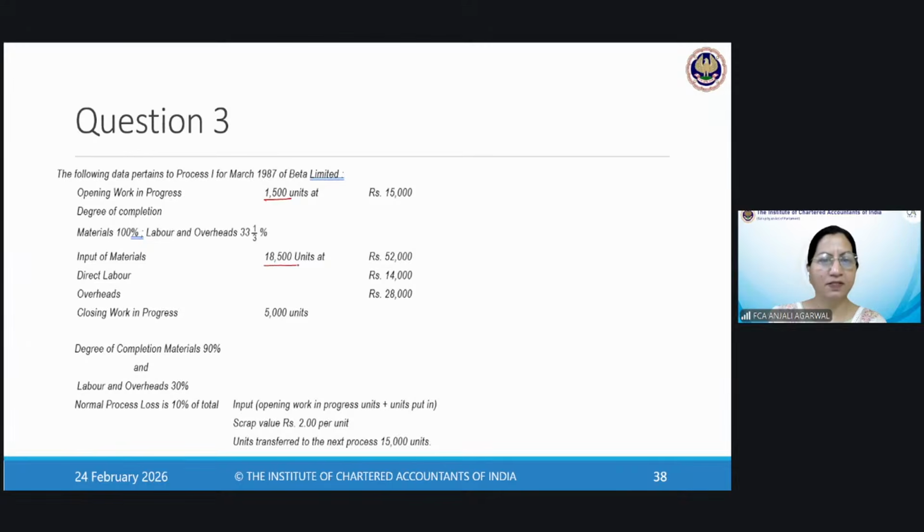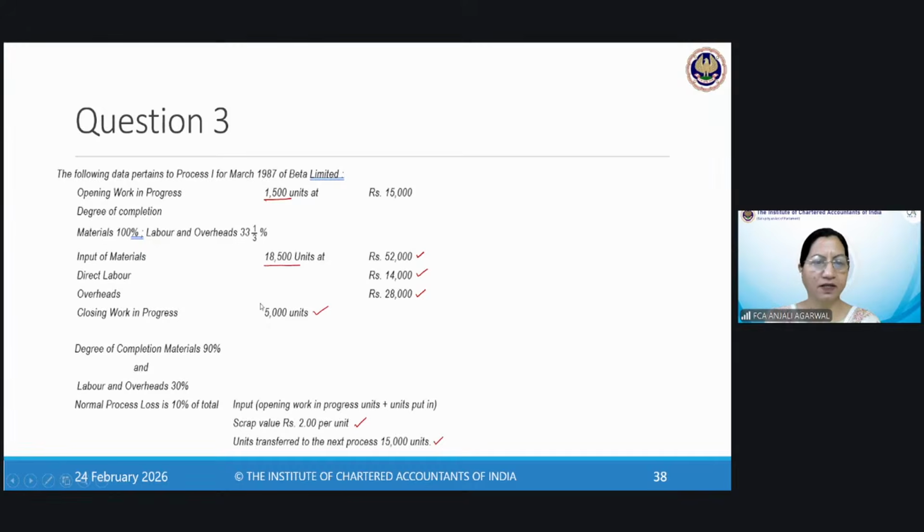Input of material is different here, 18,500 units with raw material cost 52,000, labor cost 14,000, overheads cost 28,000. Closing work in progress 5,000 units, 90% complete as far as material is concerned, 30% complete as far as labor and overheads are concerned. Normal loss is 10% of total input. Scrap value is also given, 2 rupee per unit, and units transferred to the next process is 15,000 units.